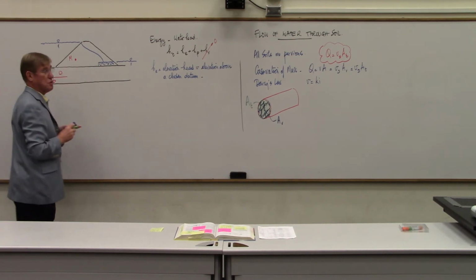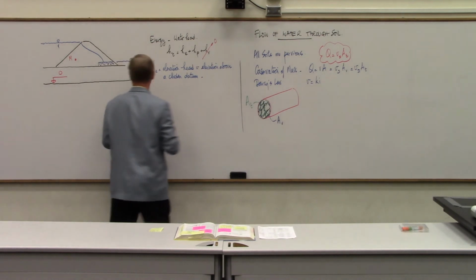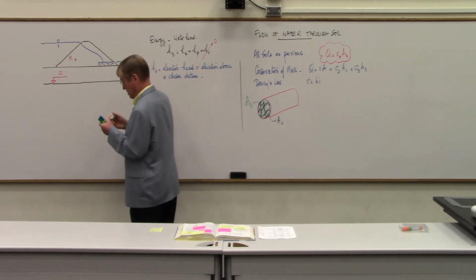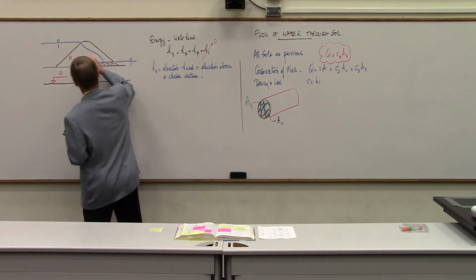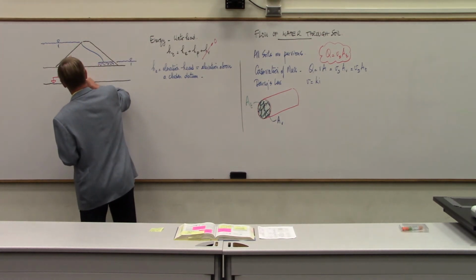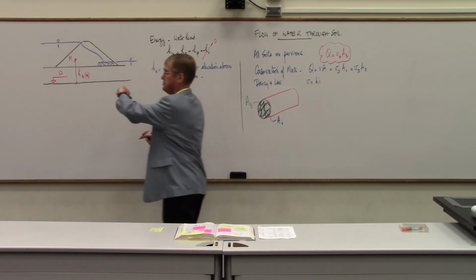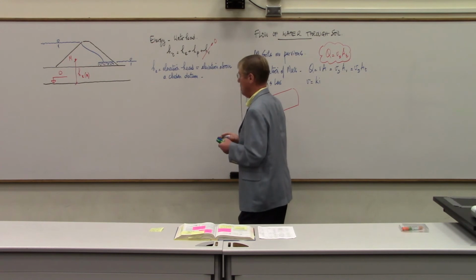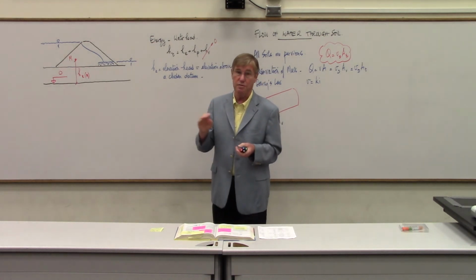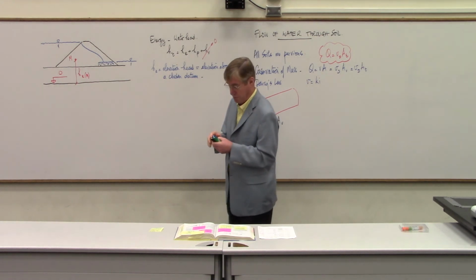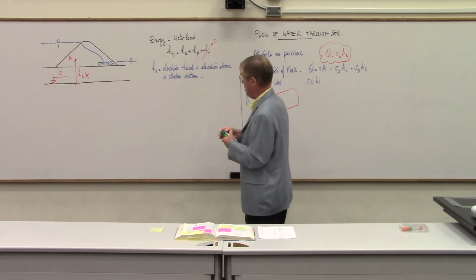That's going to be 0. So then the elevation head at M is simply going to be this distance. Okay? That's H sub E at M, elevation head. So that's easy. And when you start the problems, always start with elevation head, because that's an easy one. You can drop some points and be happy.